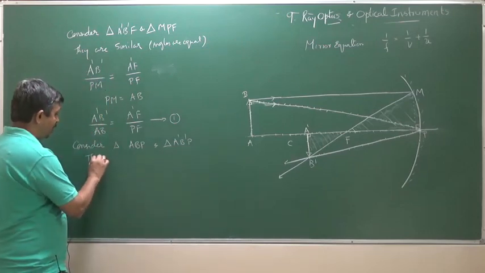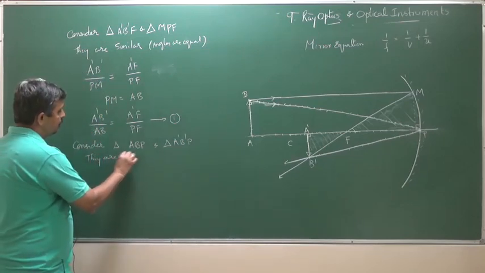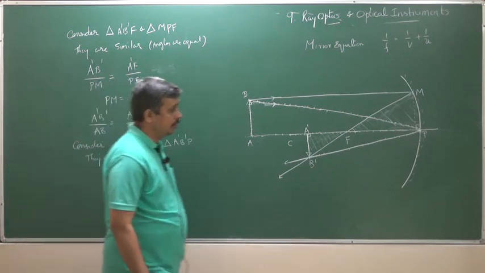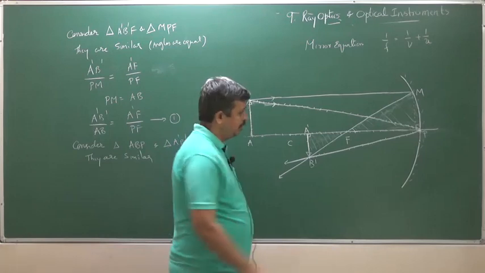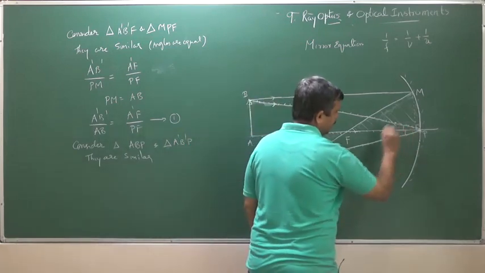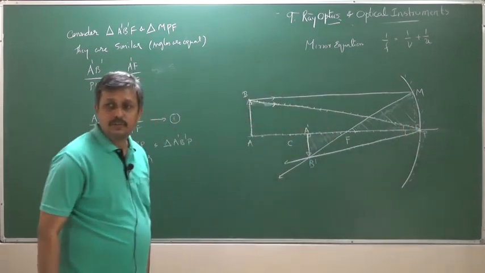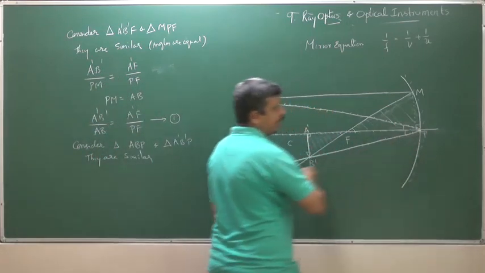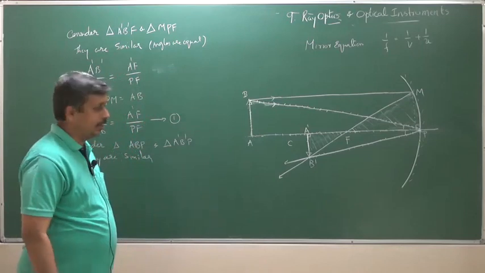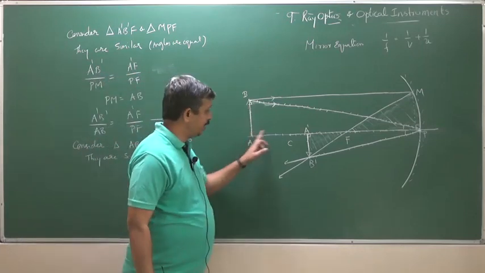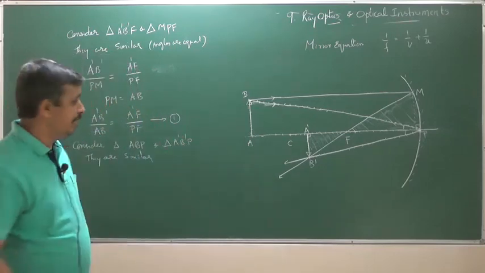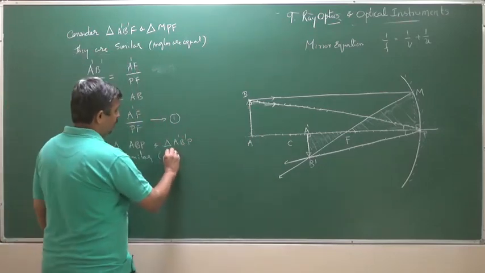They are similar. Why? You can see that in those triangles, these two are equal angles. Why are they equal? Because angle of incidence is equal to angle of reflection. And these two are right angles. So two angles equal, third angle equal, the triangles are similar.